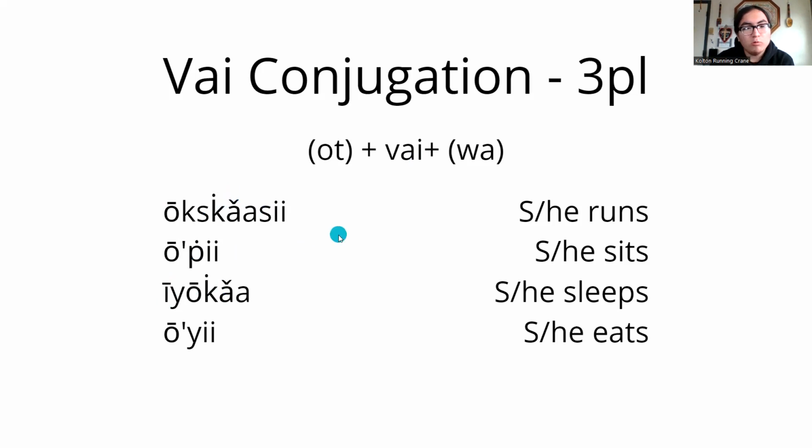So she runs, okskasi. And you could put kind of a wah there, like I said, kind of like a yo sound. So you could say okskasio, or opi, she or he sits, opio. Then ayoka, ayokawa. They all just mean she or he eats. The sound I'm talking about is kind of a wah, so I'll say the words without and then with.